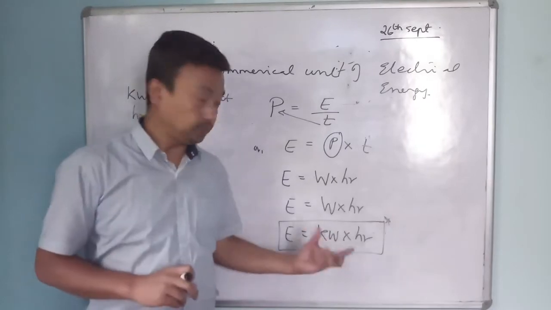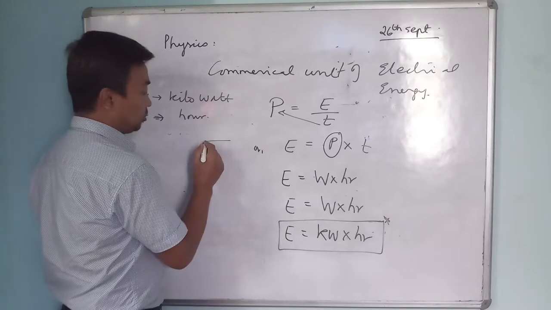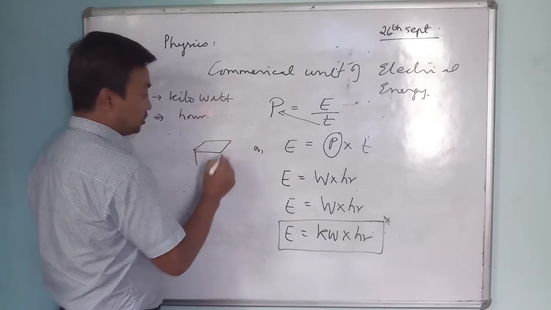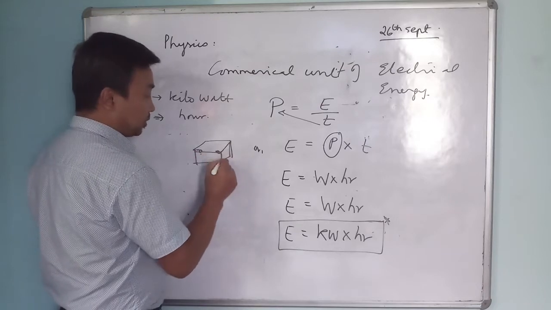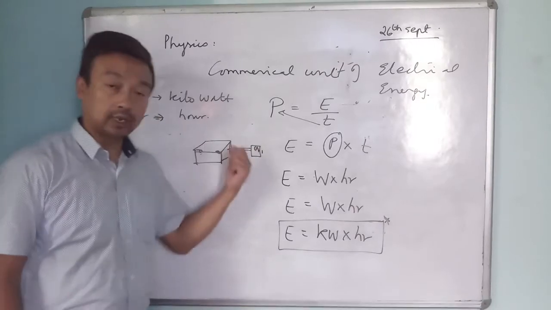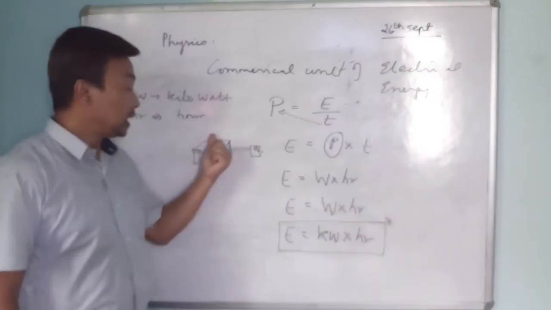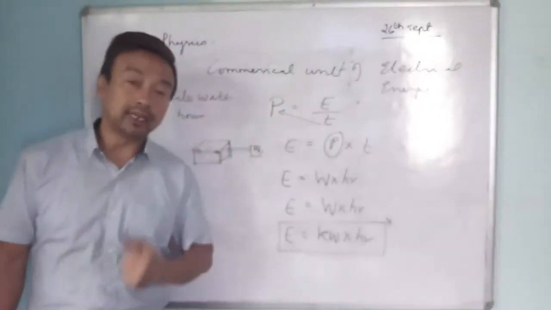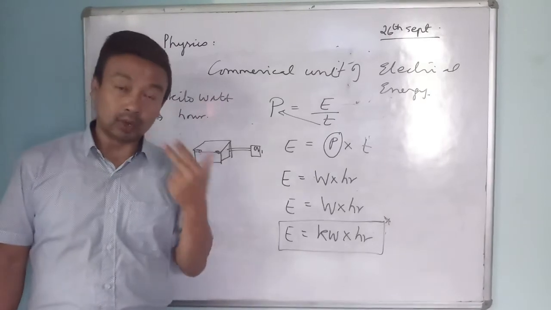For example, take any electrical appliance, let us say a washing machine, connected to a source of current. Suppose it is running for 1 hour, and the power consumed by this washing machine is, let us say, 1 kilowatt.